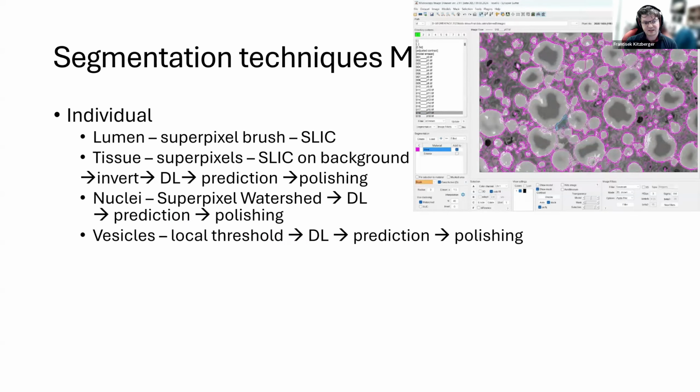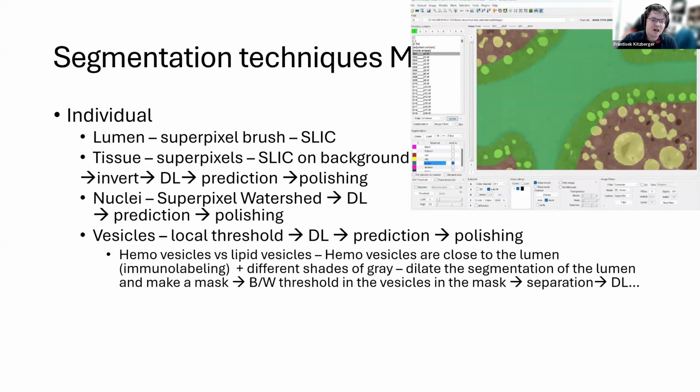Then there is not only one type of vesicles we are interested in, but another one which had a different shade of gray, but was located only close to the lumen, which meant that we could use another technique, the black-white threshold in an expanded mask of the lumen, which sounds a bit more complicated, but in the end the job was pretty easy.